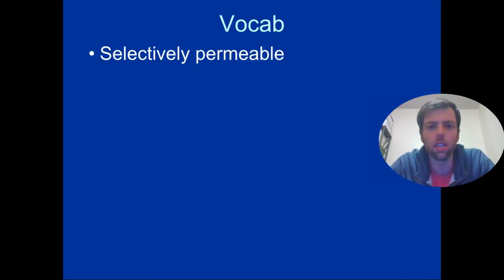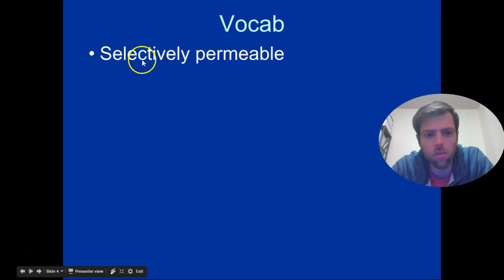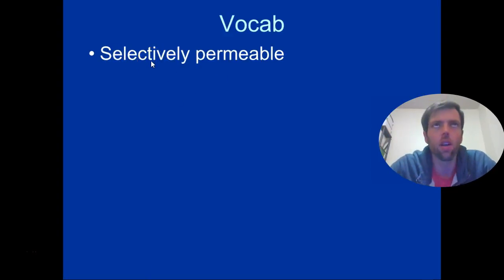Now it's time for 4 different vocabulary words that help us make sense of our 2 layers of fat. The first being selectively permeable. Selectively permeable is one of those words that sounds really tricky but isn't when you look at the roots. Selective in this sense means choosy, picky, the way your dad might tell you to make good choices and be selective.